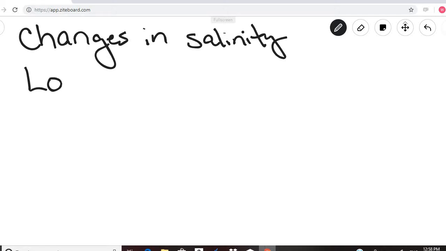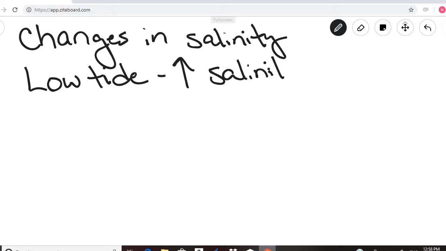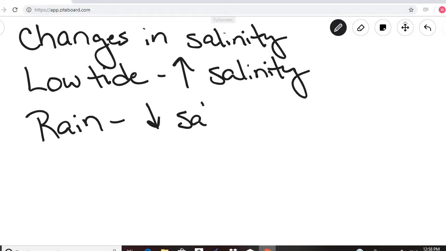So low tide would tend to have higher salinity than high tide. But then, as we said before, if it rains, that's going to cause a decrease in salinity. The water that these animals would be exposed to would have less concentration of salt. So how can they deal with this? Well, they deal with it in several ways.